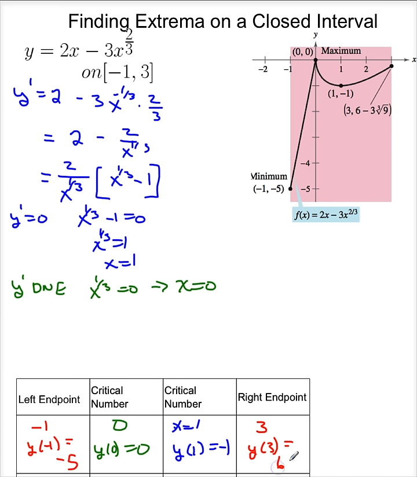This is 6 minus 3 times the cube root of 9, and that's about minus 0.2. So now let me pick my max and min. The largest number here is, wow, 0. So this right here is my maximum. And where's the minimum? The minimum is the smallest. That's going to be this one right here.